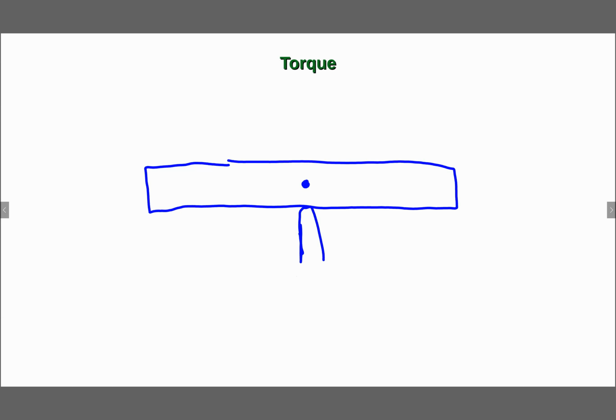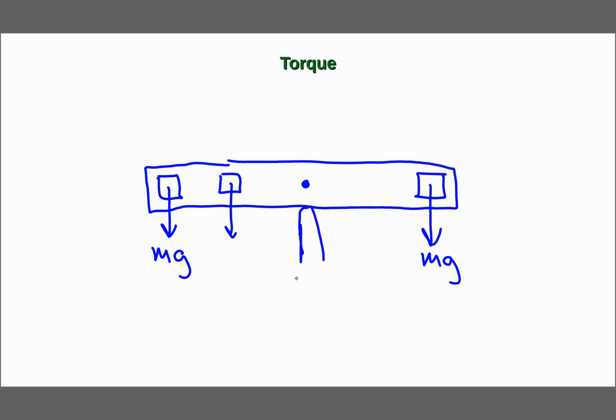And then to balance, what really has to happen is that there's no torque on the object, so there's no angular acceleration. Okay? So if we have each little piece of mass here of the ruler being pulled straight down by gravity, when we put our finger under the center of mass, we have the same amount of mass on either side of our finger.